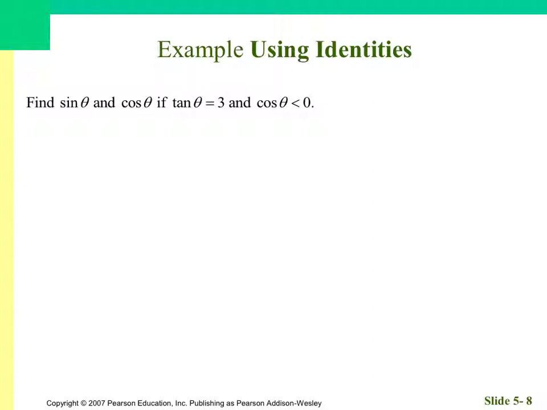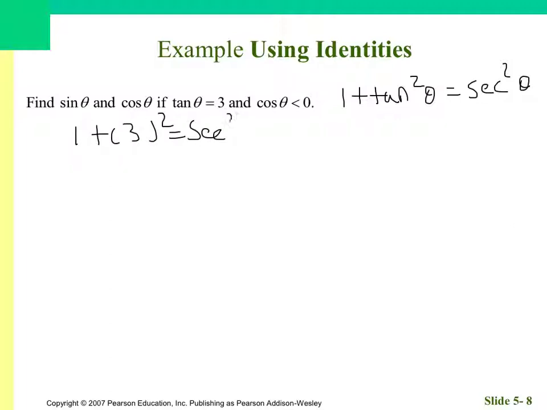So find sine and cosine if tangent is 3 and cosine is less than 0. Okay. So didn't we just learn 1 plus tangent squared equals secant squared? So we can say 1 plus 3 squared equals secant squared.